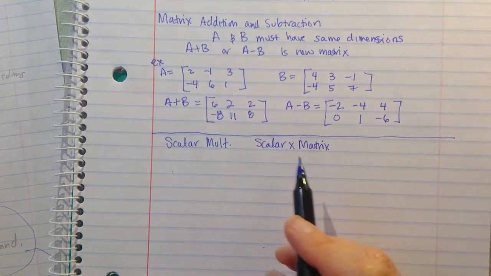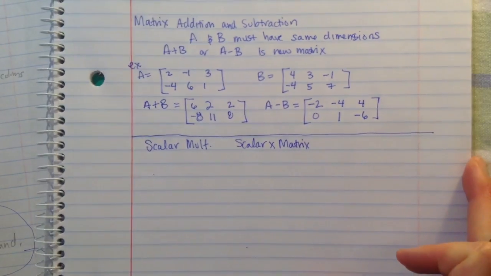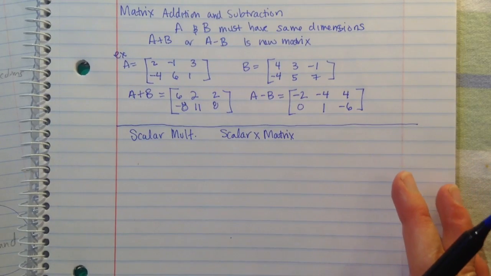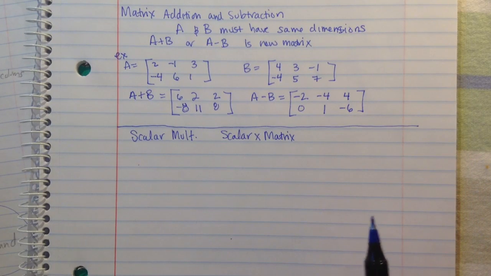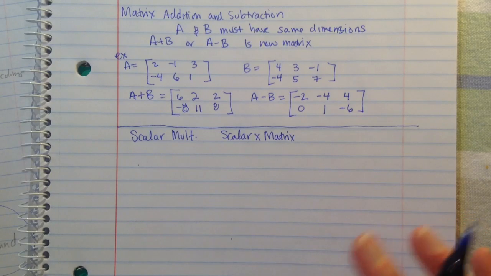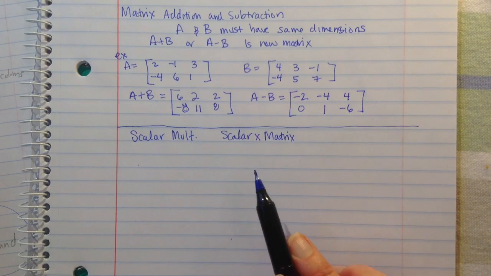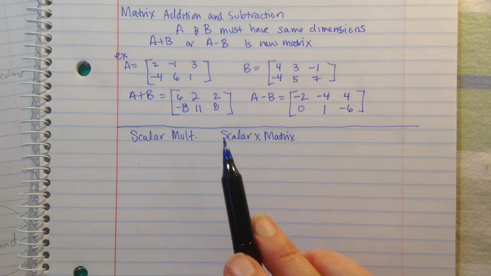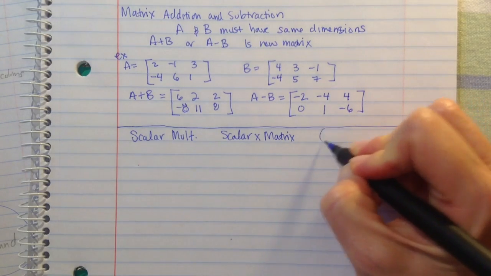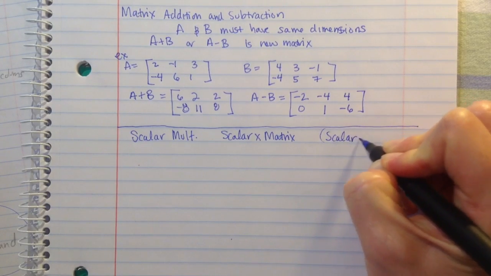Maybe the word scalar sounds familiar because we used it when we talked about vectors. When we're talking about vectors or matrices, we need a term that is for just numbers, and that's what we use the term scalar for. So scalar is just a real number.